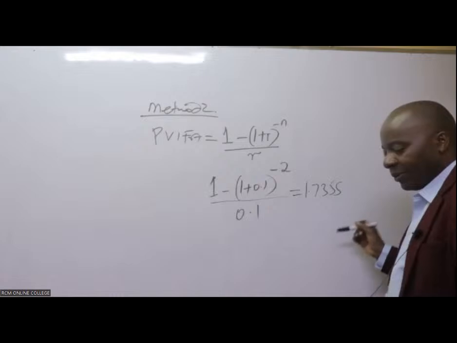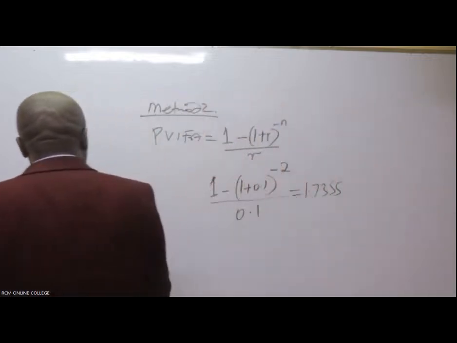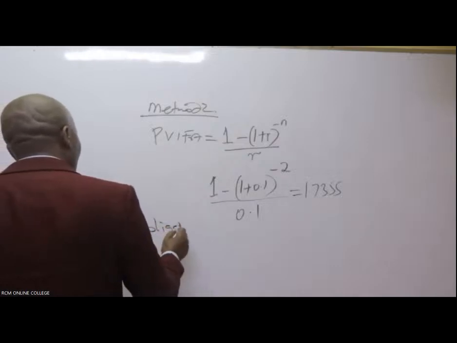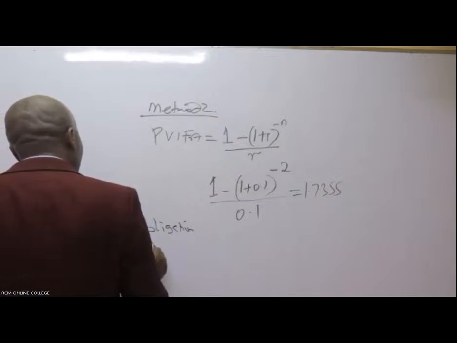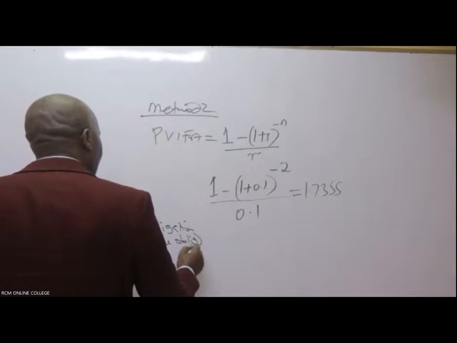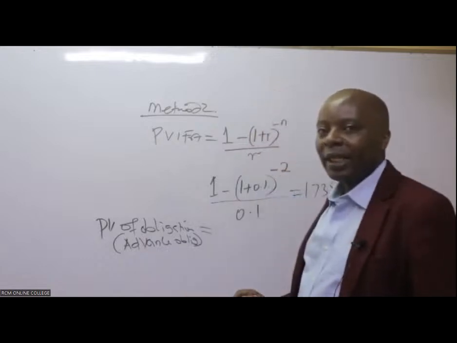And now, ladies and gentlemen, listen. How do I get this present value of the obligation when there is an advance payment? Remember in the questions that KASNEB gives, they normally say that the lease rentals are paid in arrears, at the end of the year.